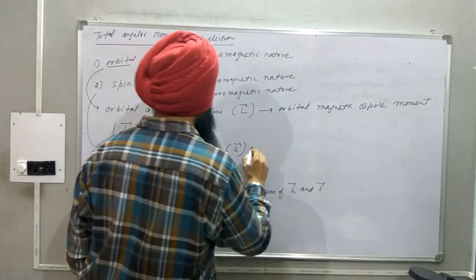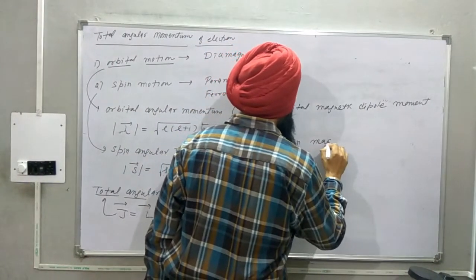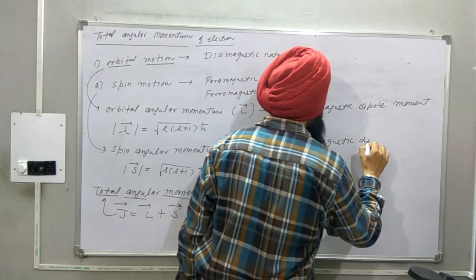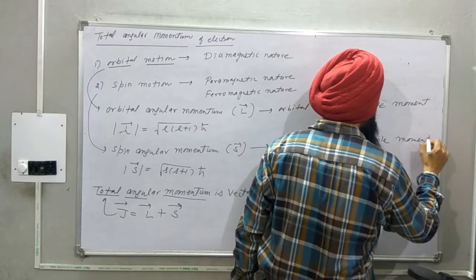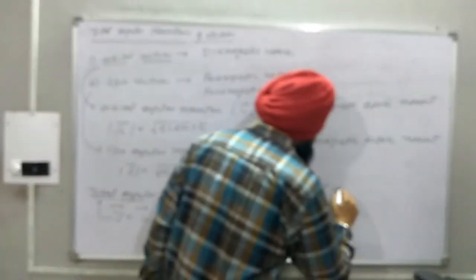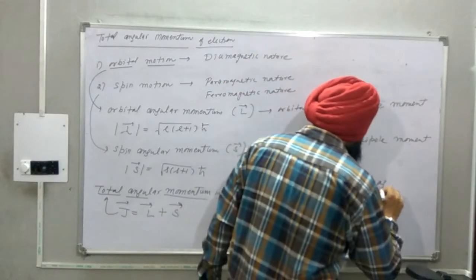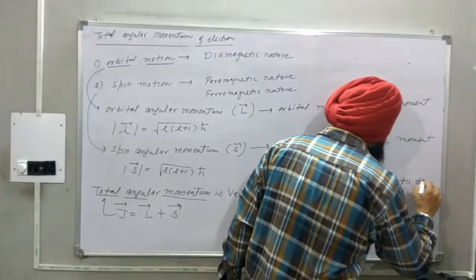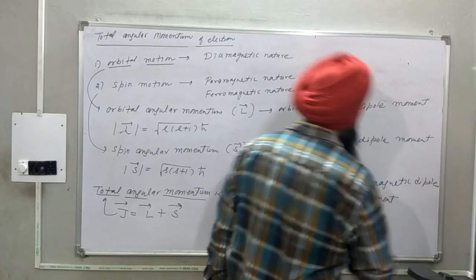Similarly, for spin angular momentum we have spin magnetic dipole moment, and corresponding to total angular momentum we have total magnetic dipole moment.